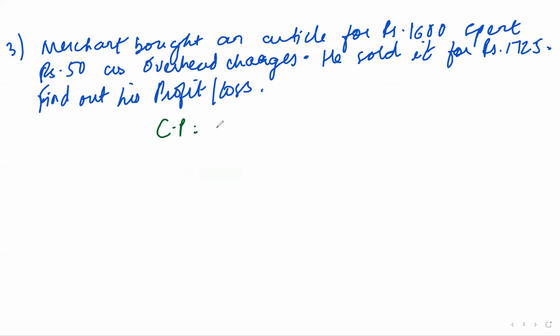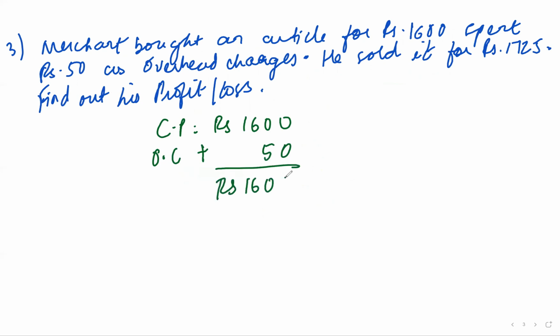Merchant bought an article for rupees 1600. So cost price is rupees 1600. Spend rupees 50 on overhead charges. So overhead charges he's spending. So his expense has gone how high by 1650 because cost price is 1600. On that he has spent another 50 rupees. So total cost price is what? It is 1650.